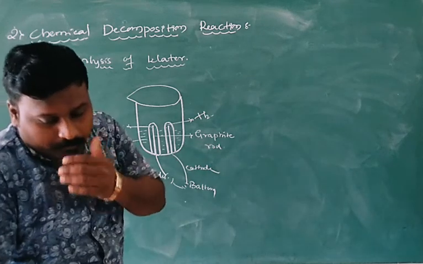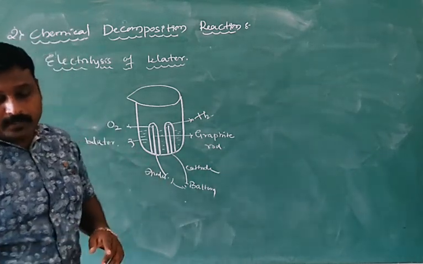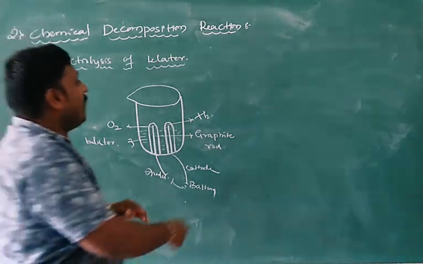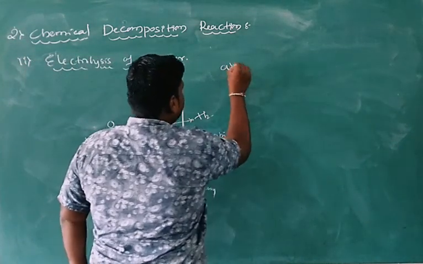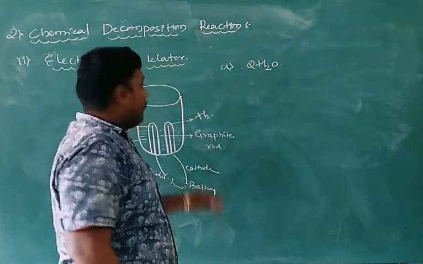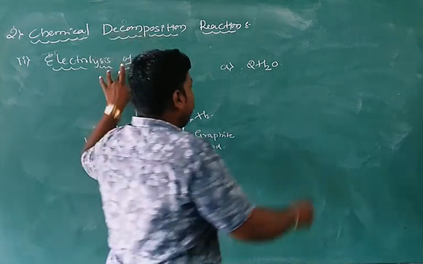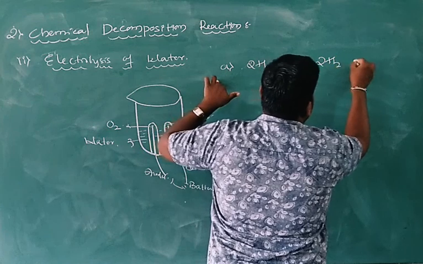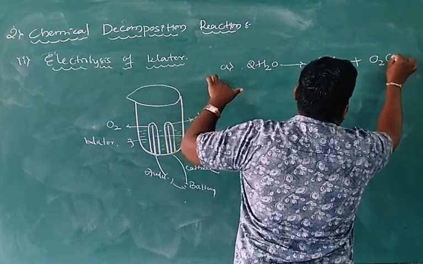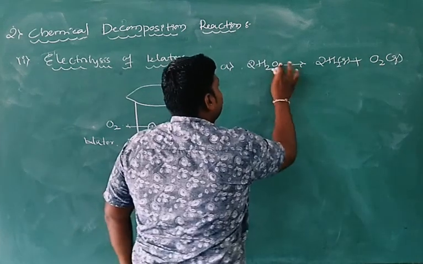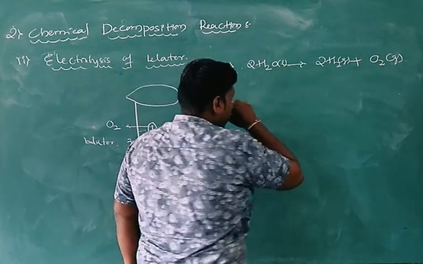When electric current is passed through water, it decomposes to give hydrogen and oxygen. In the electrolysis of water, decomposition gives 2H2 plus O2. Both are formed here.